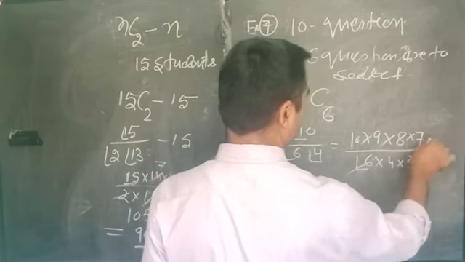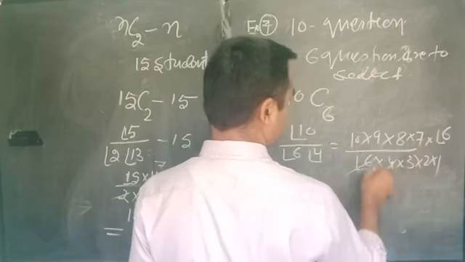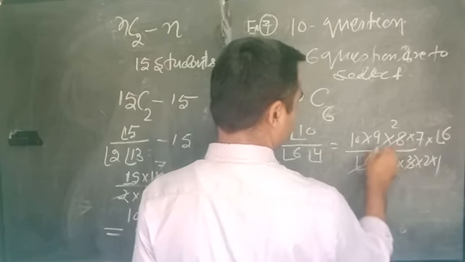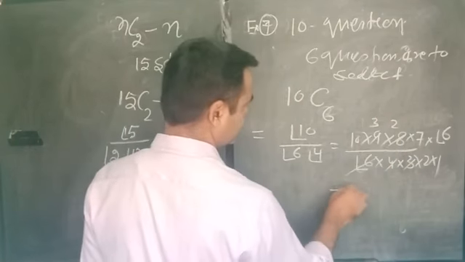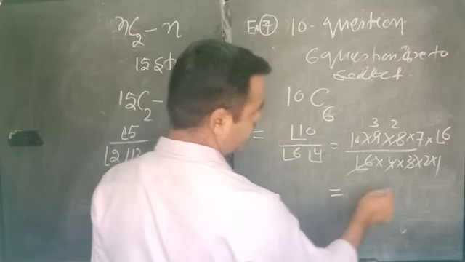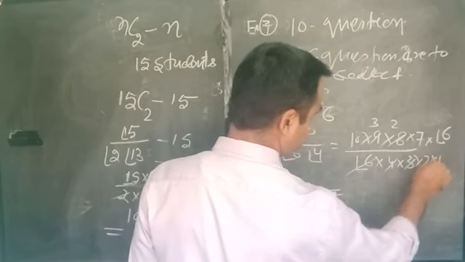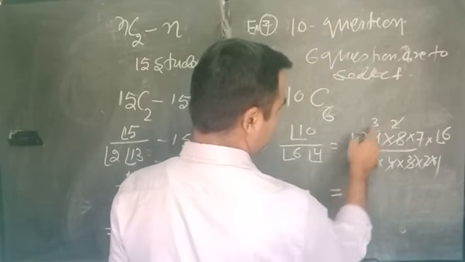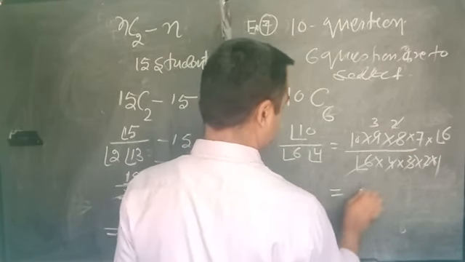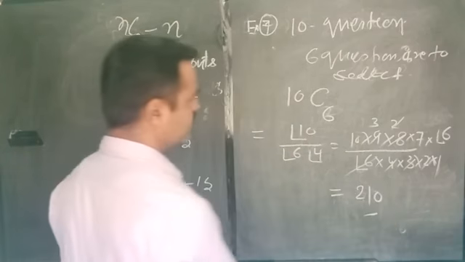Factorial 6 cancels out, 4 twos are 8, 3 threes are 9, and 2 cancels out. 10 into 3 is 30, into 7 is 210, and this is your answer.